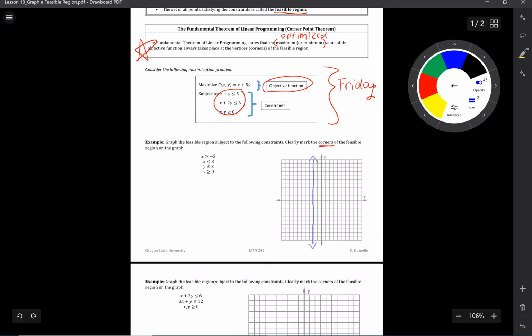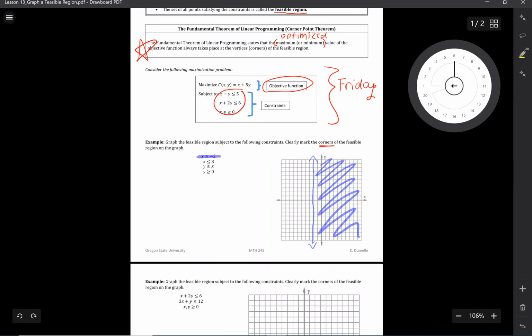And I want to be greater than -2 or equal to. So my line is solid because I can equal that value. And then this whole region right here satisfies this: x is greater than or equal to -2.